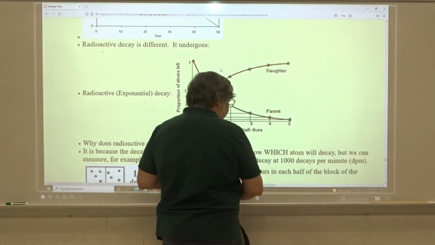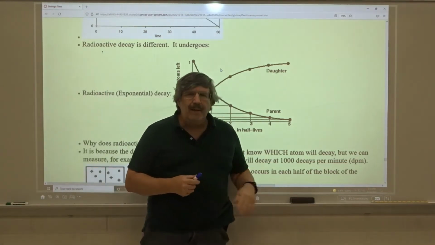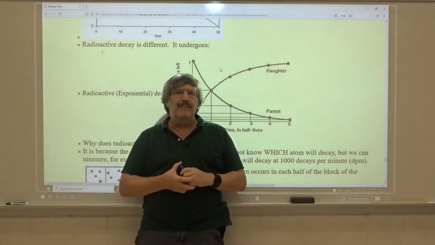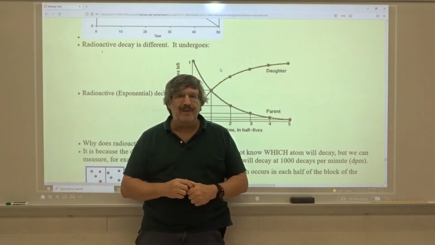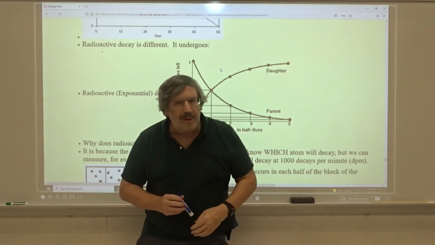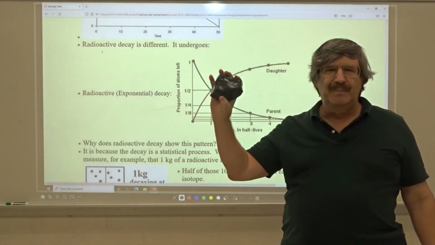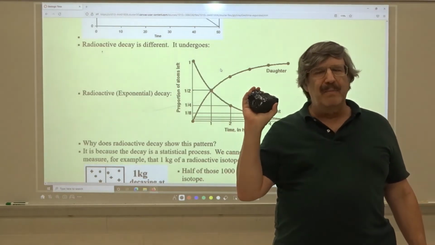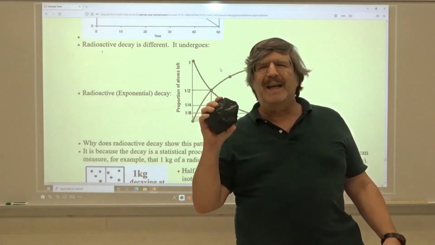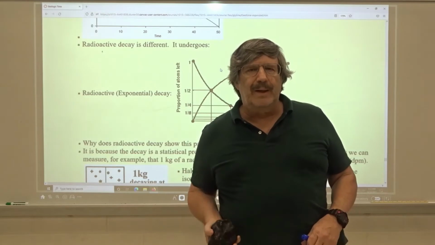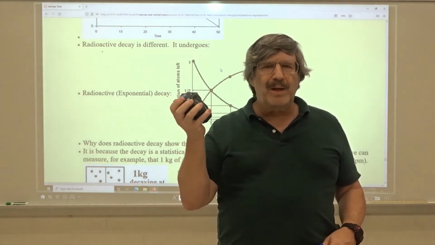Now, one problem with this is that when we look for the amount of isotope that we began with, it's not always easy to figure that out, because when we analyze a sample, let's say we get a sample of obsidian, and we measure the amount of uranium, or we measure the amount of radioactive potassium, or any of a variety of different radioactive isotopes, it's hard to know how much was present at the beginning.